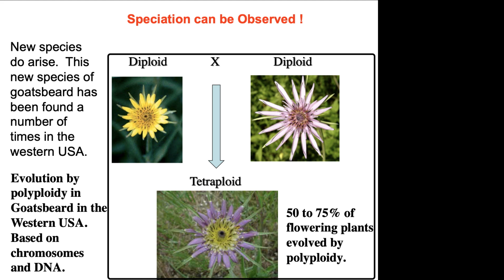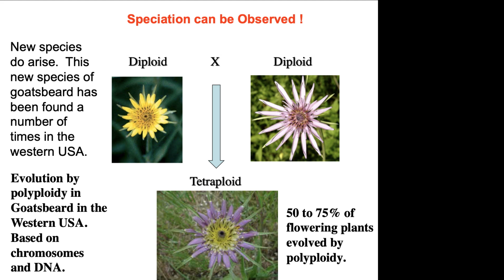So you have then a tetraploid formed, and that tetraploid becomes fertile within itself, within that species. So it can happen quite rapidly, and about 50 to 75% of the flowering plants evolved by polyploidy. Other organisms did too, including animals, but it's more common in plants.